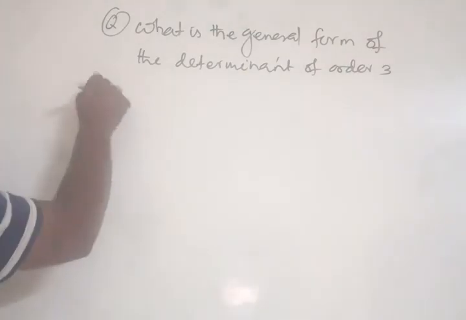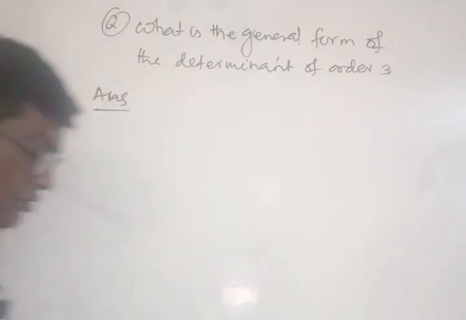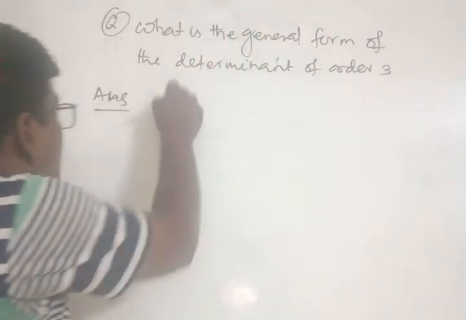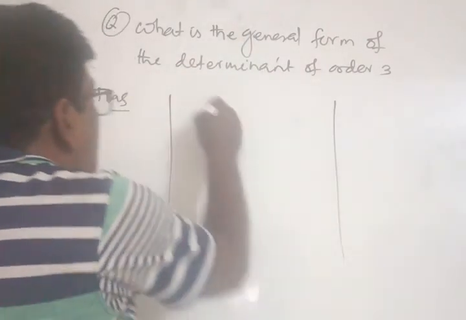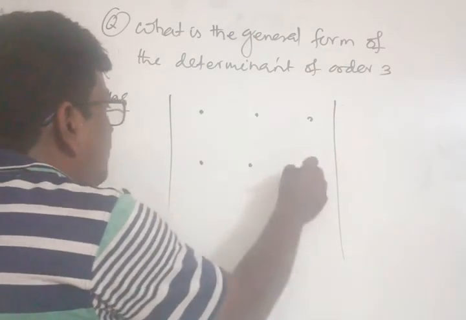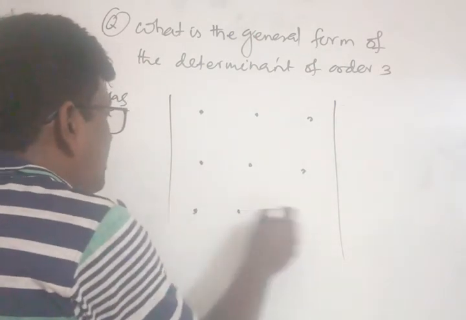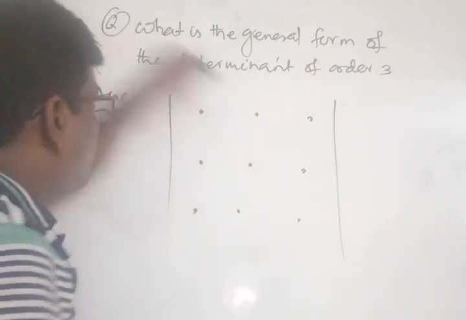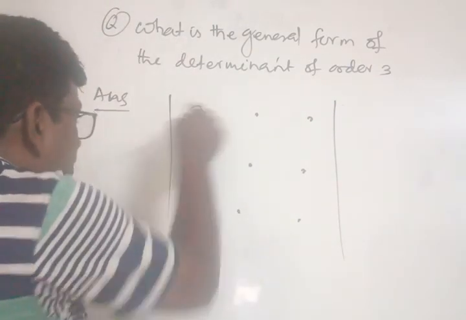The answer: for an order 3 determinant there are 9 elements. Mark the 9 places: 1, 2, 3, 4, 5, 6, 7, 8, 9. This is first row, first column, A11.